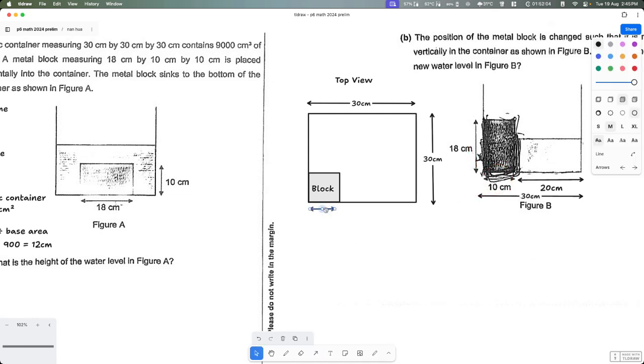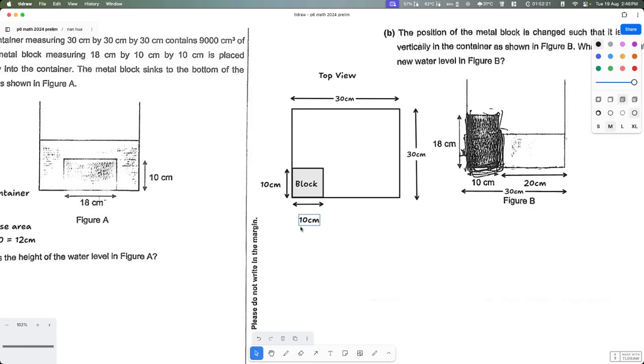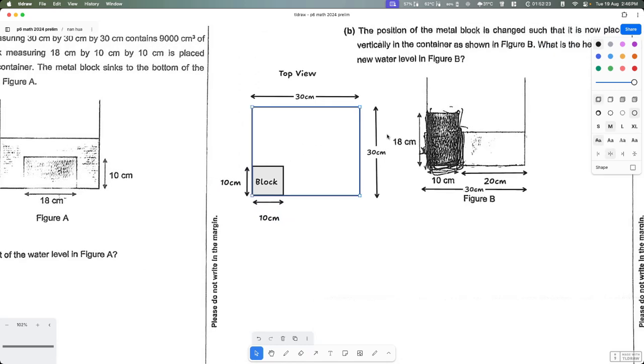I'll just put here 10 centimeter, and we can get 10 centimeters here as well. Okay, so we want to get this base area now. How do you get the base area?